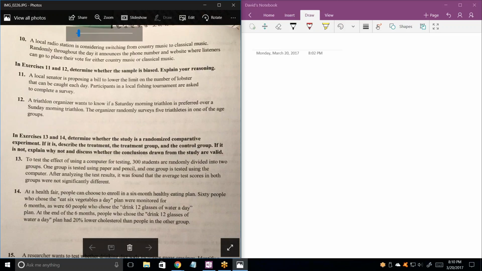Mm-hmm. And the conclusions drawn appear to be that it doesn't make much difference. Yeah. Whether you take the test on computer or on paper and pencil, this did not show any significant difference. There might be a little bit. In other words, one might have a very small differential.